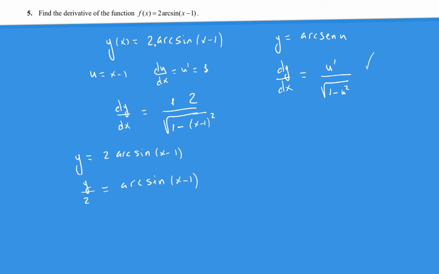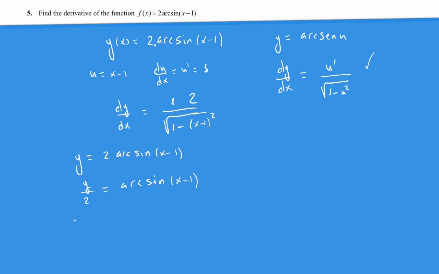So first of all, I will use sine on this expression, sine of y divided by 2 equals sine of arcsine of x minus 1, with the purpose to convert the right side of the equation into x minus 1.